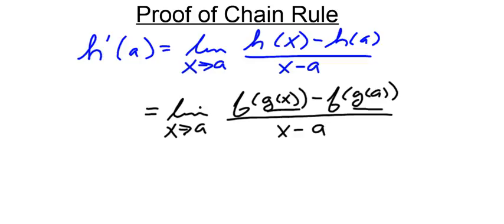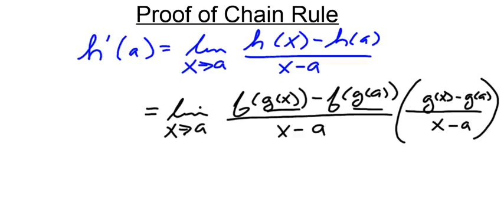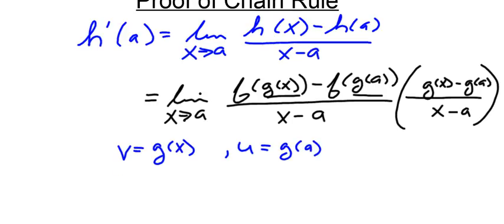And I'm going to multiply this expression by g of x minus g of a over x minus a. And if that's the case, I need to do some other substitution. Let's say v equals g of x, and we're going to say u is equal to g of a, and we're going to substitute that into our equation.